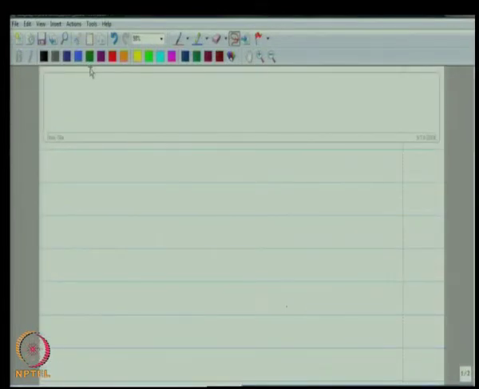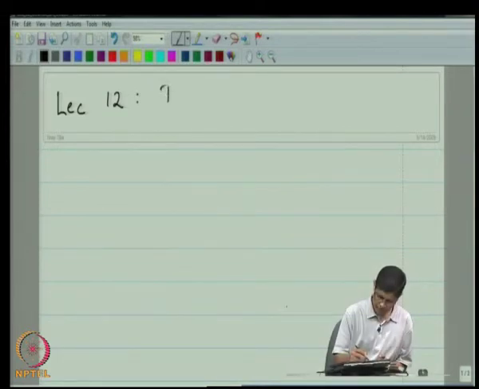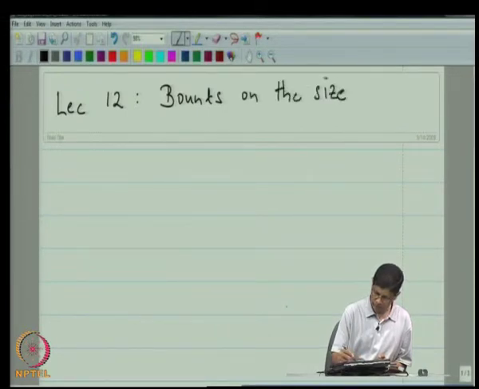So this is lecture 12 as I just mentioned, and we're going to call this bounds on the size of a code.